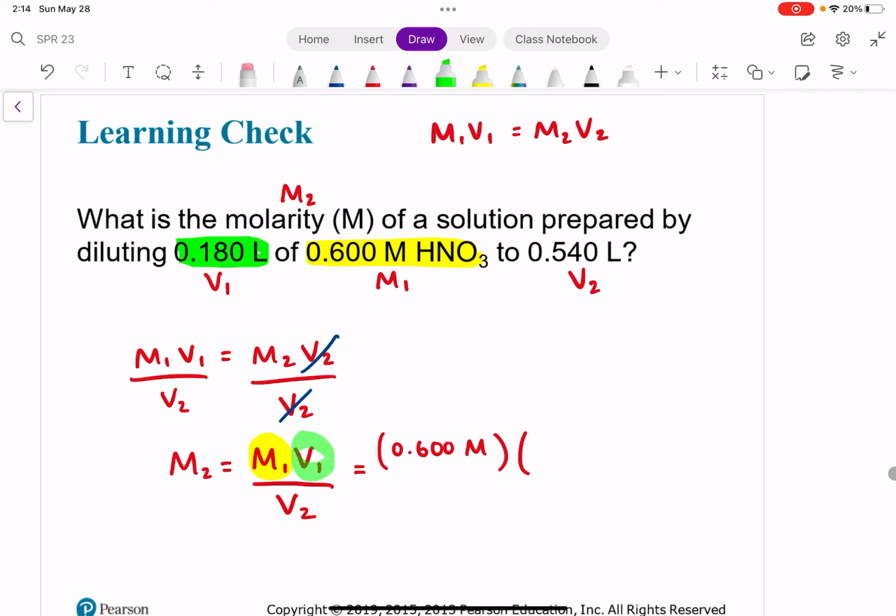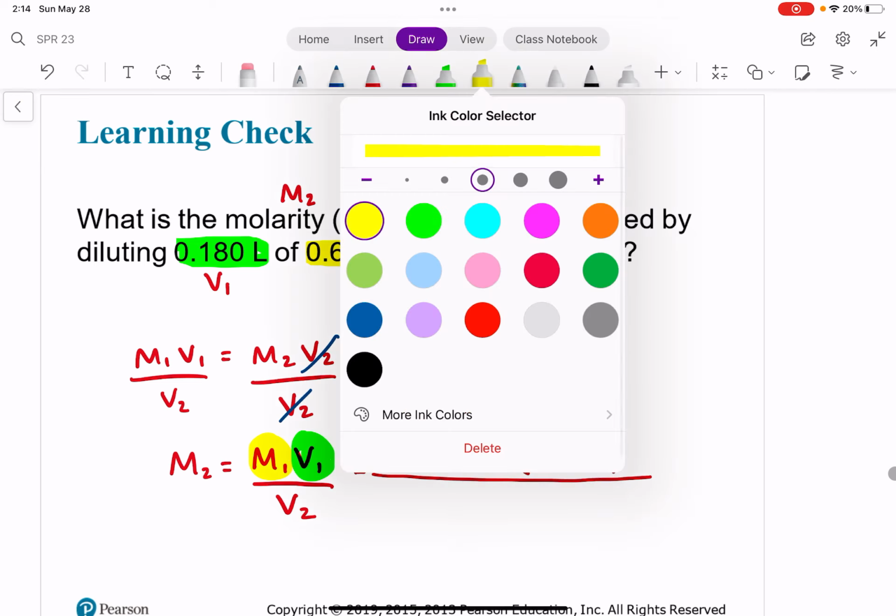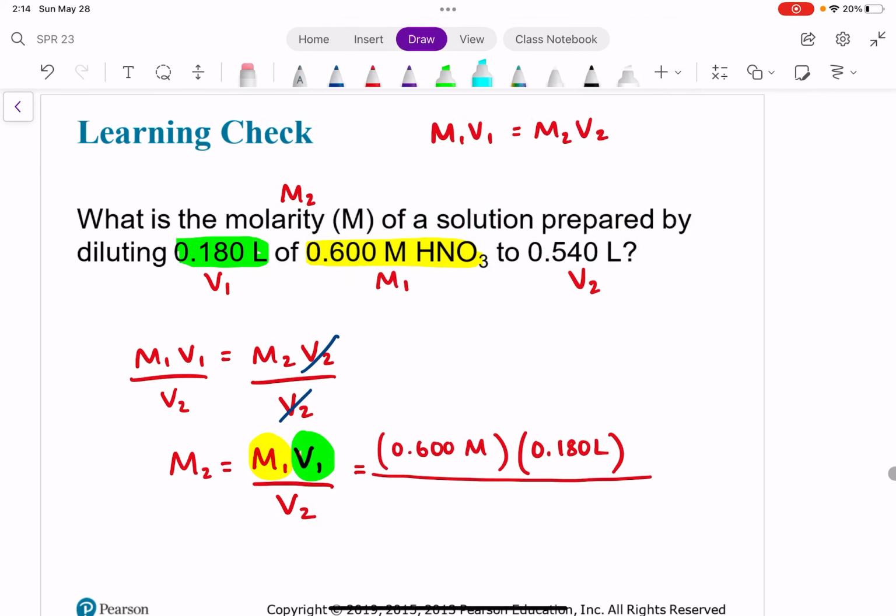We'll put V1 there, that's 0.180 liters. And then on the bottom, I've got V2. Let's go blue for that one, and that's 0.540 liters.